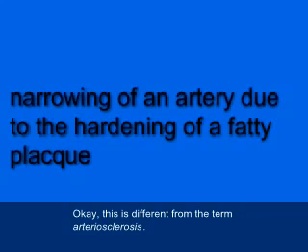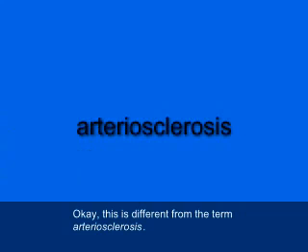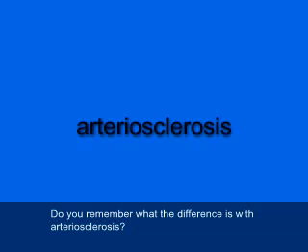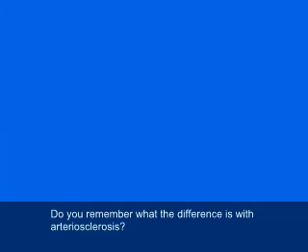Okay? This is different from the term arteriosclerosis. Do you remember what the difference is with arteriosclerosis? Well, arteriosclerosis is the age-related hardening and loss of elasticity of the arteries themselves.